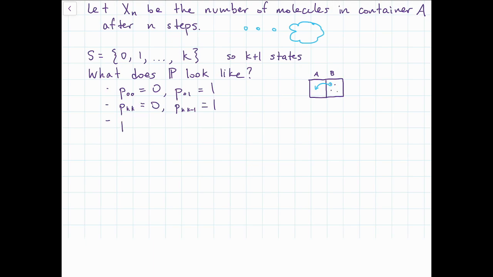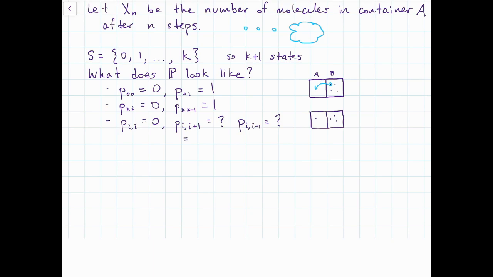But in between, we could go from state i. Well, we can't go to i, because one of the molecules will move for sure, but we could go to i plus 1 or i minus 1. And we just want to think about what is the probability for each of those cases. So here's our situation. We've got, say, 1 molecule in A and 3 in B. The probability of moving from 1 to 2, so from i to i plus 1 in this case, that'll happen if one of the molecules from B is the one that hits the barrier.